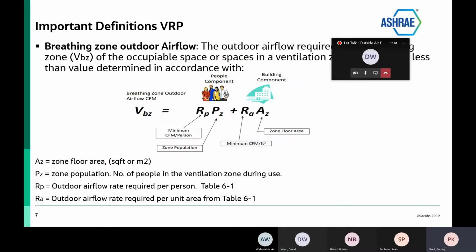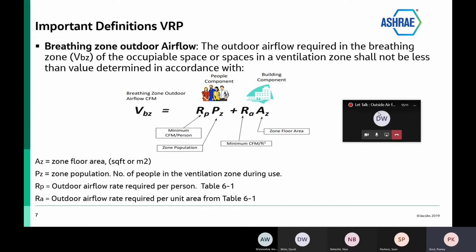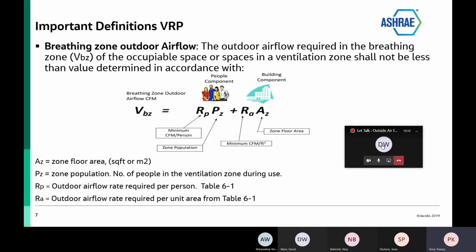So, important definitions, as I emphasize the importance of knowing exactly what each term means. Breathing zone outdoor airflow, which I'm going to be emphasizing today. The outdoor airflow required in the breathing zone, which is VBZ, of the occupiable space or spaces in the ventilation zone shall not be less than the value determined according to this. What is this trying to tell us?